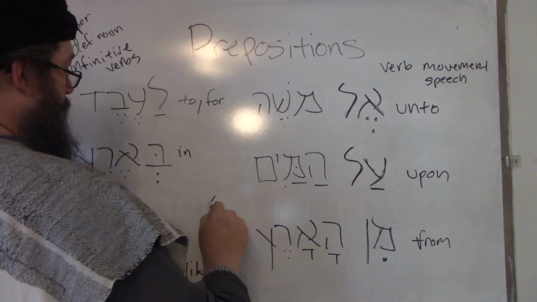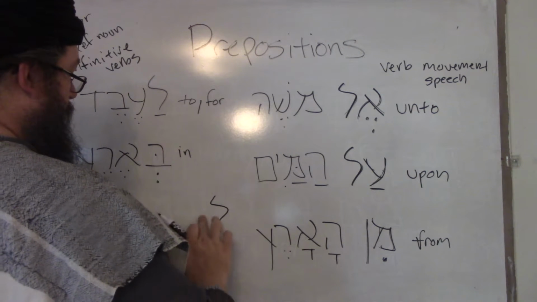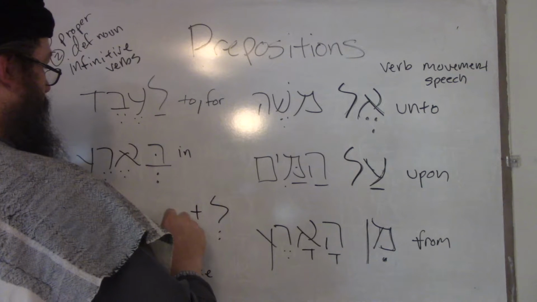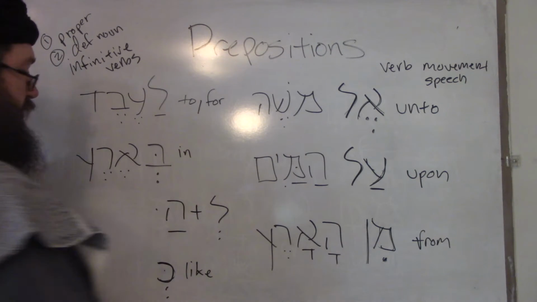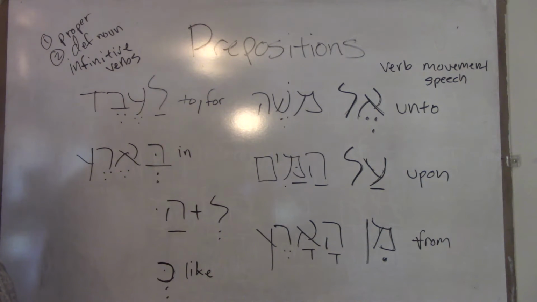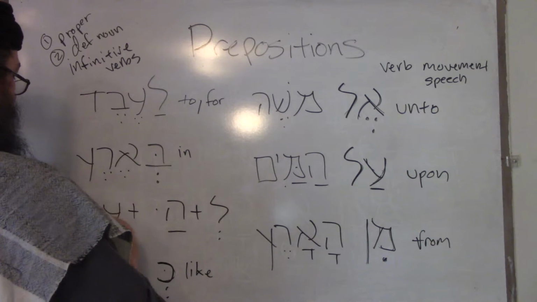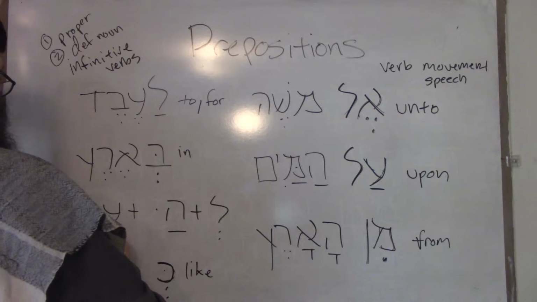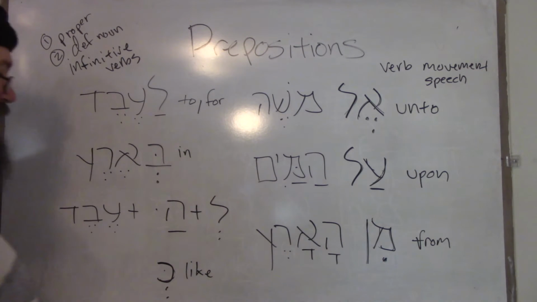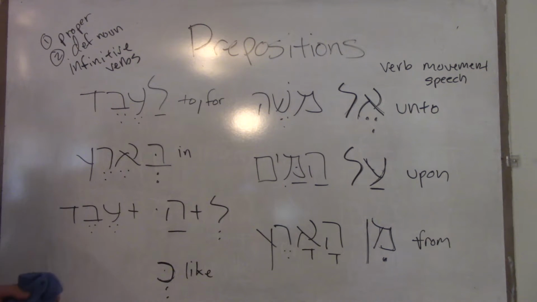We're saying that lamed plus ha, which is what we normally use for the definite article, right? And then we're saying plus the word eved. Alright? So when we add them together, do you think we get la ha'eved? No, we don't.